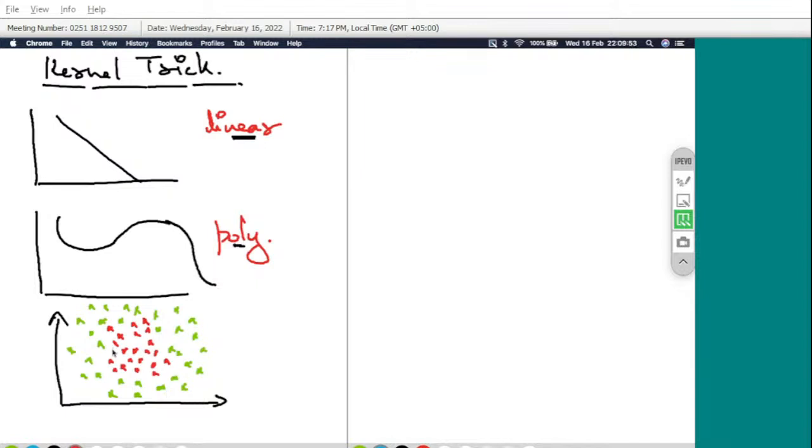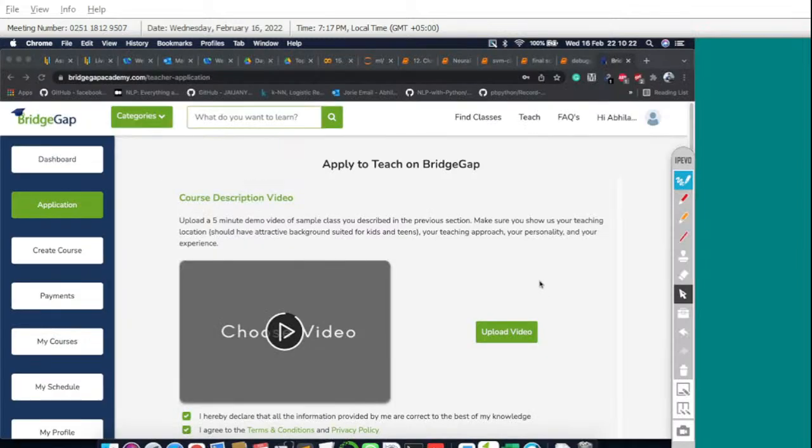Now, what will happen? We can't have an enclosed hyperplane, meaning there could not be a circle here. So let me show you what we do in this case. Is the linear and polynomial clear, everyone? Now, if we have the data scattered like this, what do we do? Let me show you.